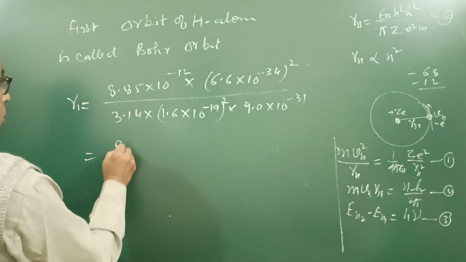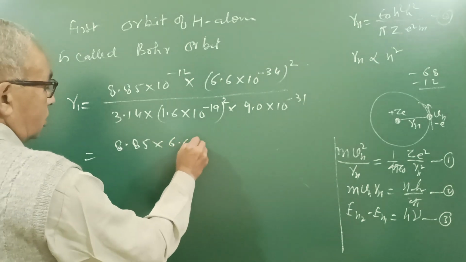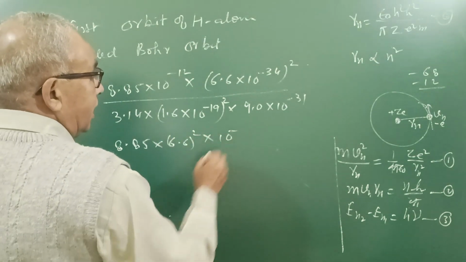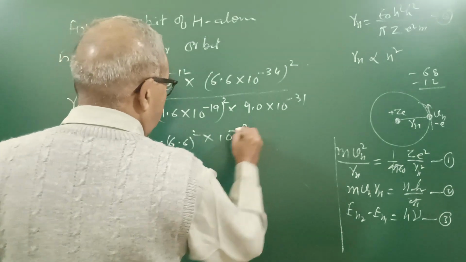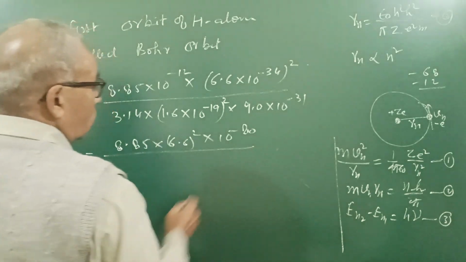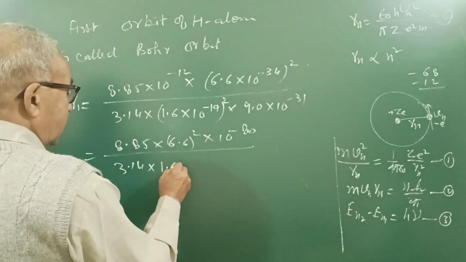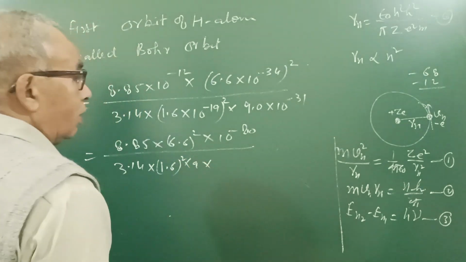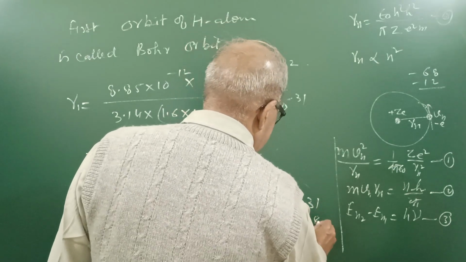So it is 8.85 into 6.6 square into 10 to the power minus 80 upon 3.14 into 1.6 square into 9 into 10 to the power minus 31 or minus 38.